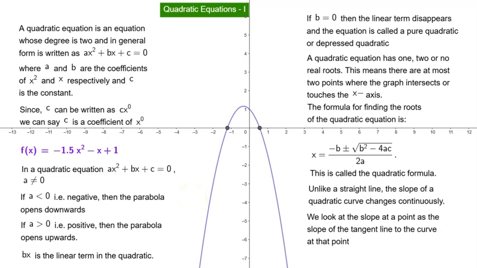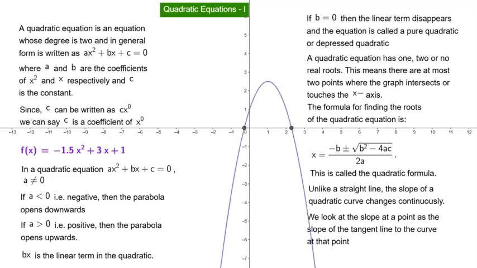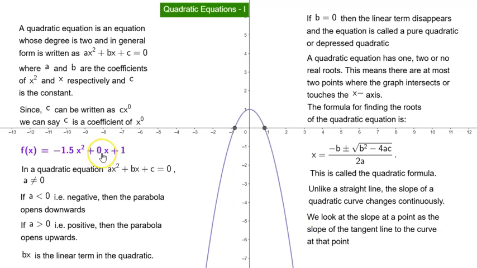Okay, let's make b 0 so that it disappears. So it has become 0. So we have minus 1.5 x square plus 1. As far as the quadratic formula is concerned, basically this gives us x values where the curve intersects the x-axis.